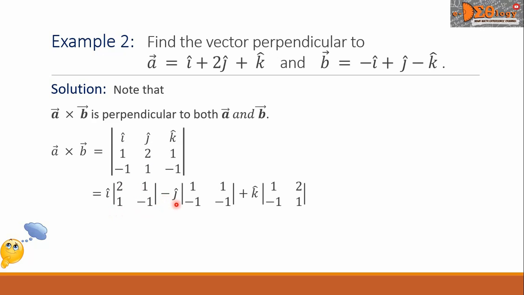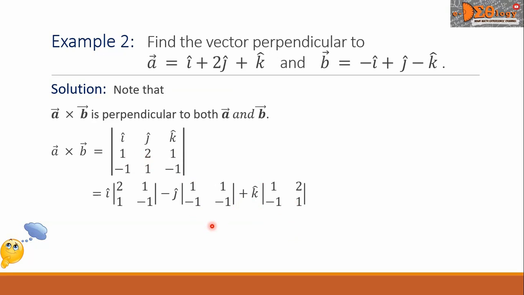Then minus element j multiplied by the square matrix 1, 1, negative 1, negative 1. Plus element k multiplied by the square matrix 1, 2, negative 1, positive 1.